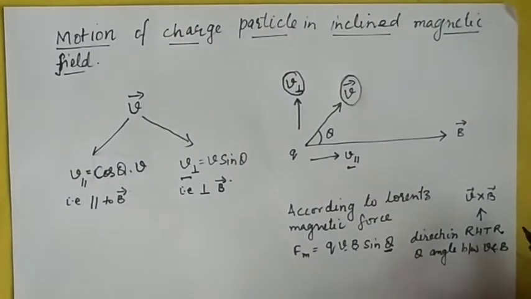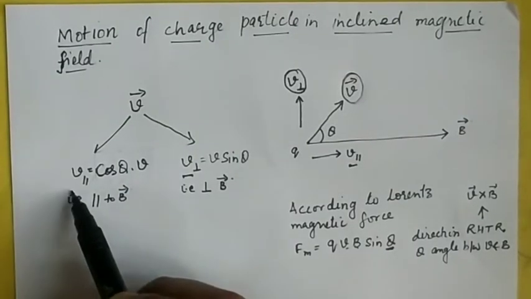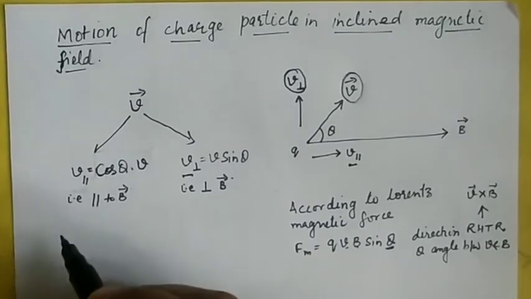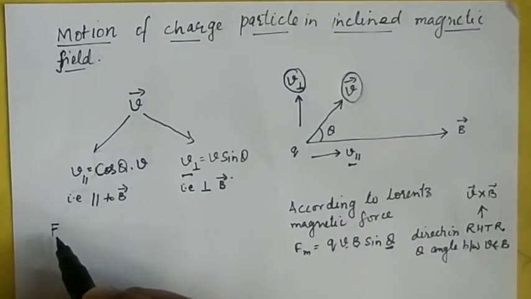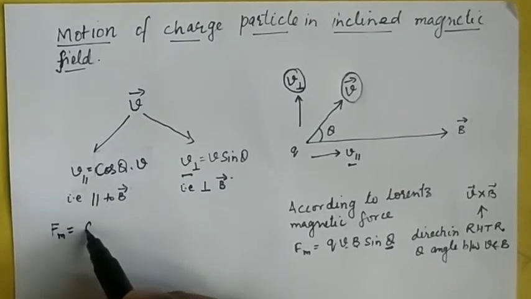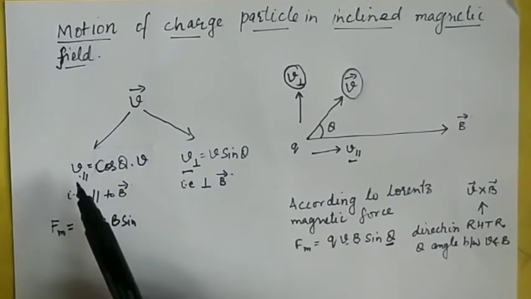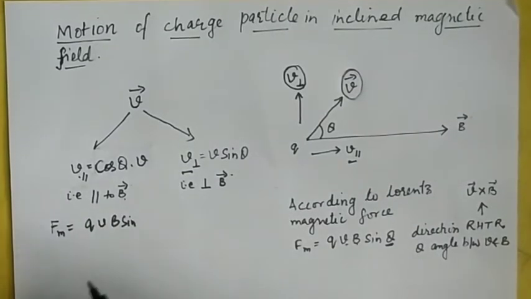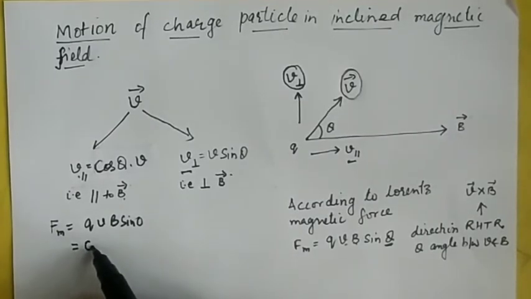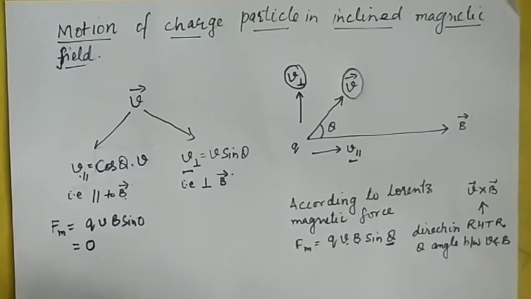Now if you apply the Lorentz magnetic force for this component of the velocity, Fm is equal to QVB sin theta. Velocity is parallel to the magnetic field, so the angle is 0 degrees. So the Lorentz magnetic force experienced by this component of the velocity is equal to 0.